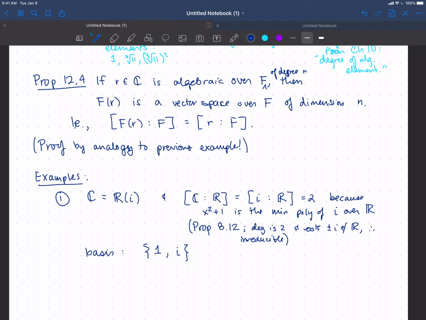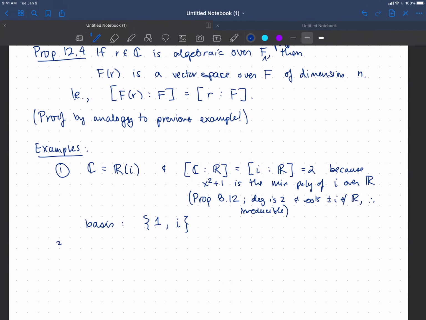I'm going to say it's like size 2 because I need 2 copies of the real numbers, one to go with the real part, one to go with the imaginary part, and that means that C is twice as big. How big is this compared to the original field R that I was working in?